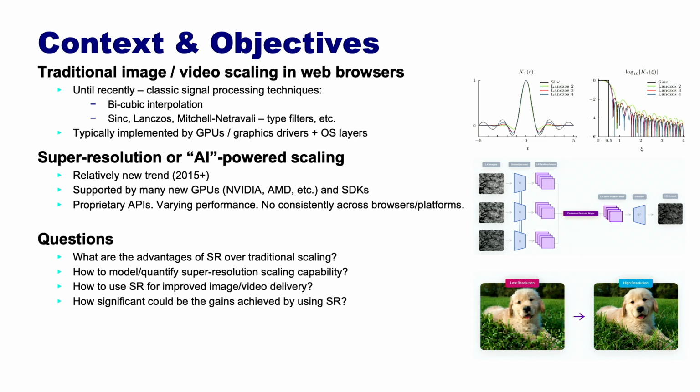How can we use SR for improved image or video delivery, since we have this capability now? And most importantly, how significant are the gains? If we are using super resolution compared to bicubic in traditional ABR streaming applications, what gain percentage are we talking about?